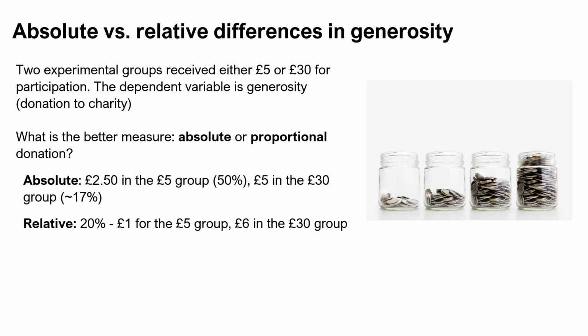And just for comparison, if we're looking at the percent and in relative terms, we might find that these are similar, so that participants donated 20%, and that would only be £1 in the £5 group. But to be equally generous in relative terms, the people in the £30 group would have to donate £6.